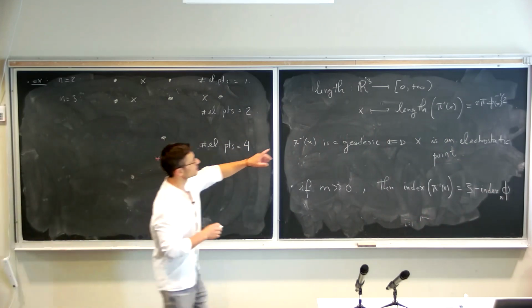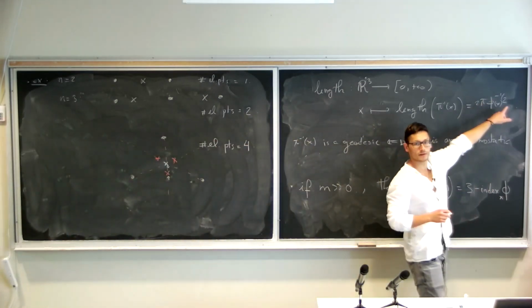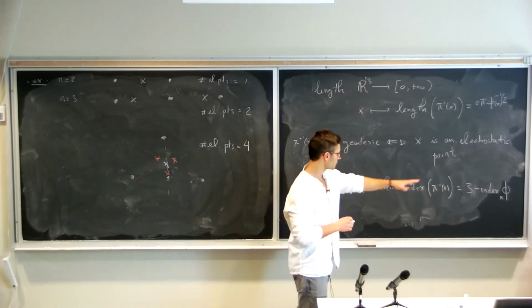This comes basically because instead of looking at phi, you're looking at phi to the minus 1/2. So you get 3 minus that.